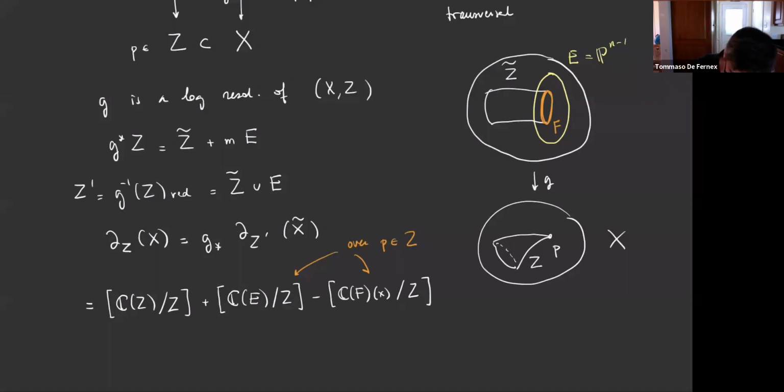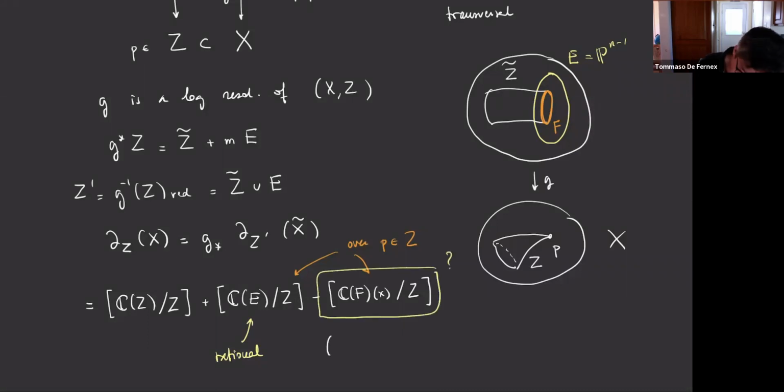But this guy, this is rational. This is a projective space, so that field is just the field of a rational variety. So the only way I get a cancellation, what I see here is that I need to understand what happened to this guy.